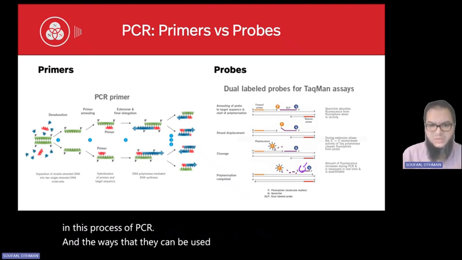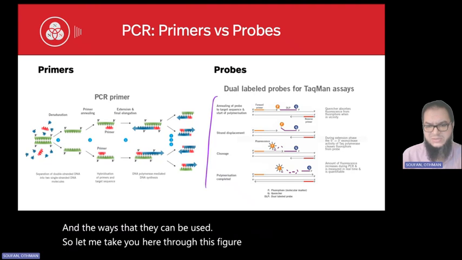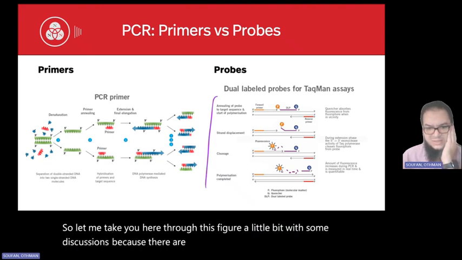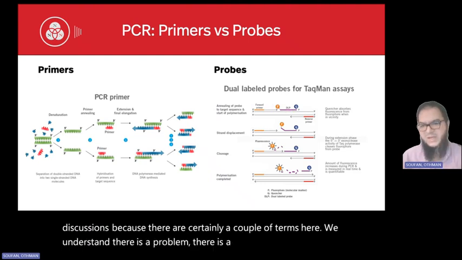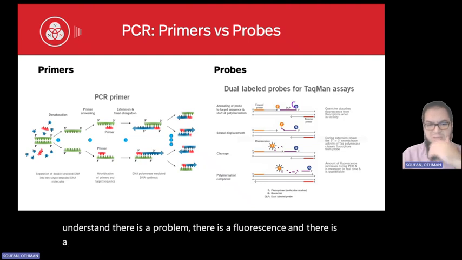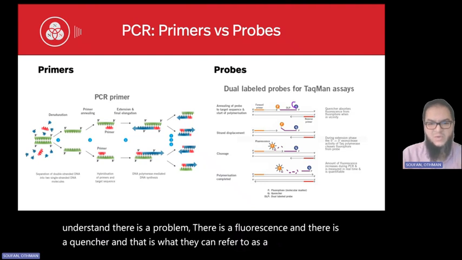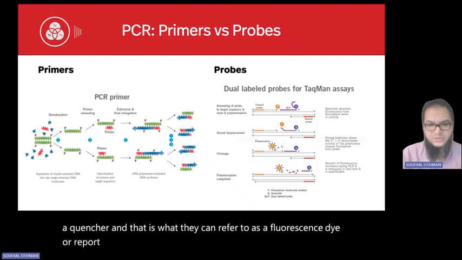Let me take you through this figure with some discussion, because there are a couple of terms here. We understand there is a probe, there is a fluorescence, and there is a quencher, which they refer to as a fluorescence dye or reporter dye and a quencher dye.